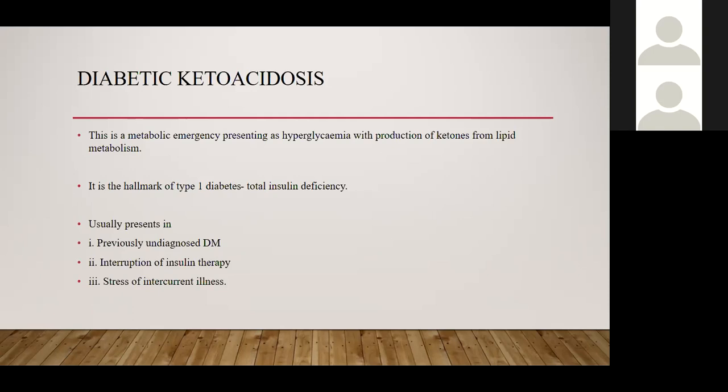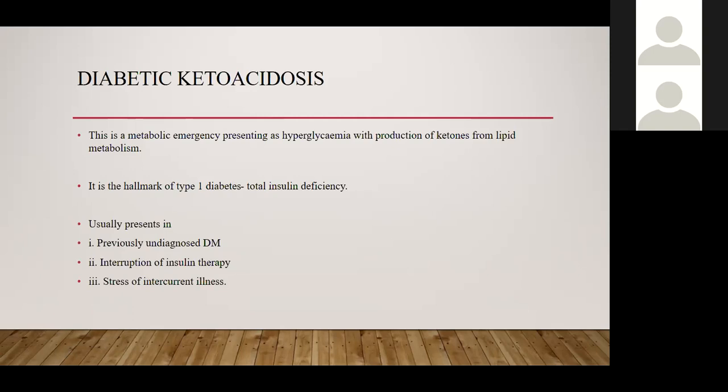Also, when you are sick, the stress hormones that we talked about in our previous lecture, which we said oppose the action of insulin, like glucagon, the growth hormones, the adrenalines, the thyroid hormones, the cortisol, all the stress hormones, they act opposing to insulin. And these hormones will usually go up when you are sick, when you are stressed.